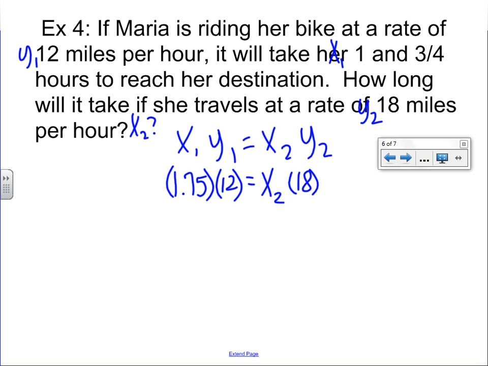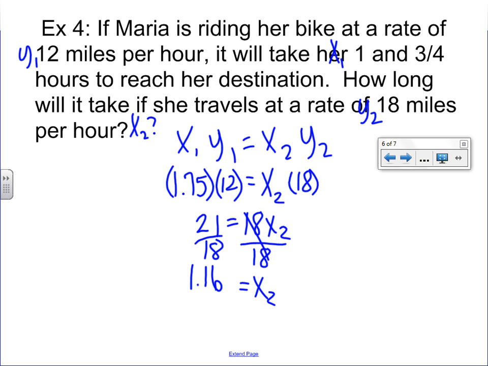Now whenever I do this, all I have to do is that multiplication, so 1.75 times 12 gets me 21 equals 18 x sub 2. To get x sub 2 by itself, I have to divide by 18 on both sides. So I have that x sub 2 equals 21 divided by 18, which gets me a 1.16 with the 6 repeating.